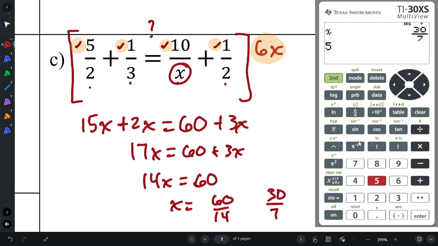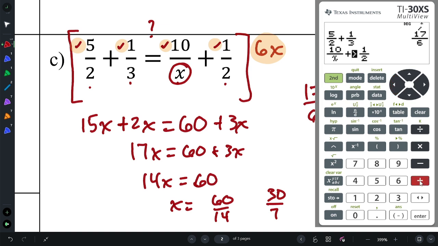So on the left-hand side, I've got 5/2, and I'm adding to that 1/3. When I add those together, I get a whopping 17/6. And on the other side, I have 10/x, and I'm going to add to that a half. Whoops. I need to add a half.